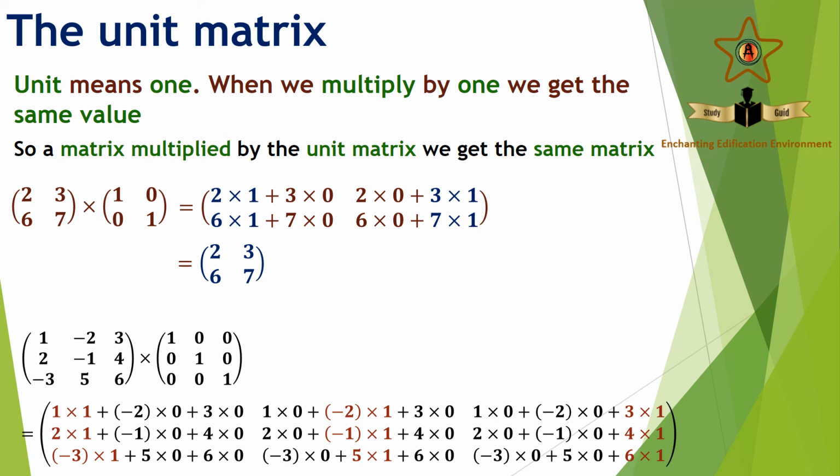So when we multiply using the same matrix multiplication, we can clearly see that we get the same matrix. So now we have got the idea what this unit matrix is. So this unit matrix is always a matrix where all main diagonal elements are 1 and off main diagonals are 0. So in mathematics, unit is 1. So you multiply a matrix by a unit matrix, our answer is the same matrix.